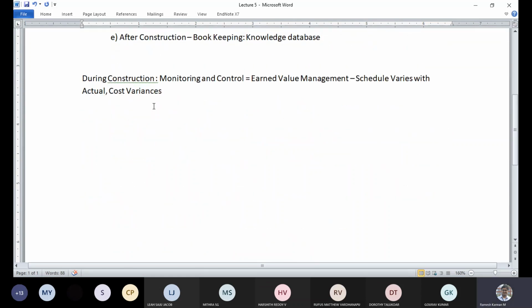Next, we'll be looking into the actual project delivery, right? Project delivery. First and foremost is the traditional project delivery that looks into design and construction, right?